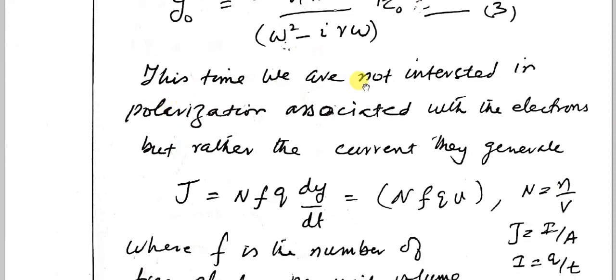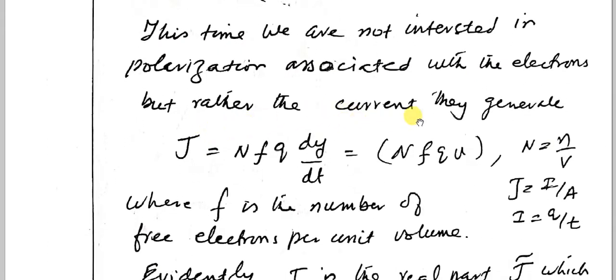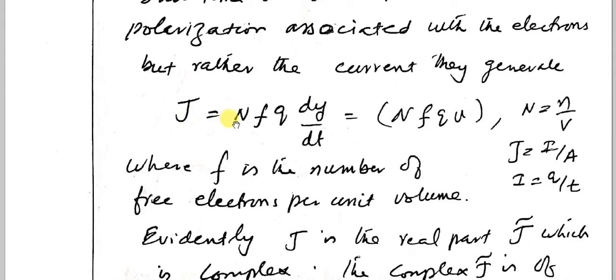This time we are not interested in the polarization associated with the electrons, but rather the current they generate. The current density J is given by n f q dy by dt, where n f is the number of free electrons per unit volume and J is the current density.